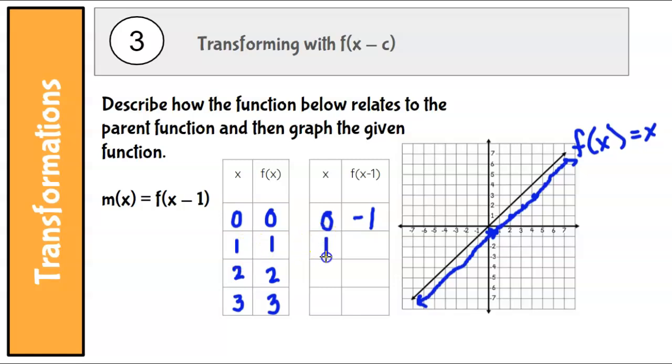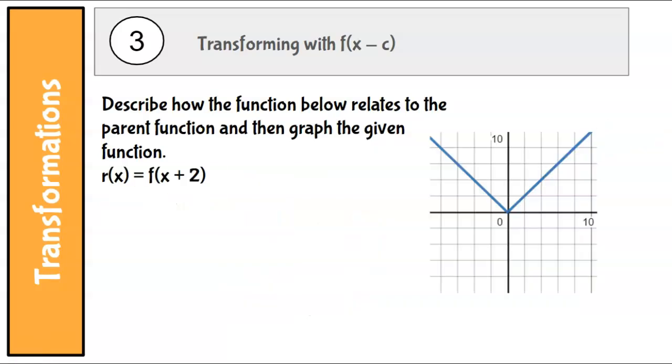If we put in 1, then this would be f of 1 minus 1, which means we're finding f of 0, which is 0. If we put in 2, then we're really finding f of 1, which is 1. And if we put in 3, then we're really finding f of 2, which is 2. And that's why it shifts the graph: 1, 0, 2, 1, 3, 2, 4, 3, and so on.